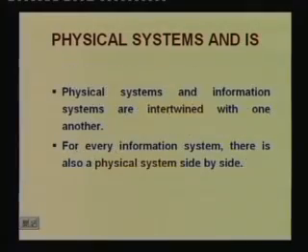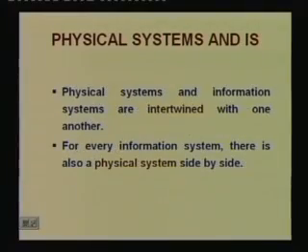Indirectly we can say the information system helps us identify whether the physical system is to be optimized, and if so in what manner, and how. But the actual optimization, how to optimize, those details are physical system problems. For that you have to study other kinds of subjects.